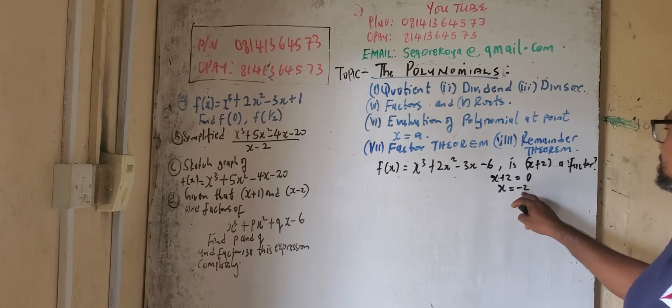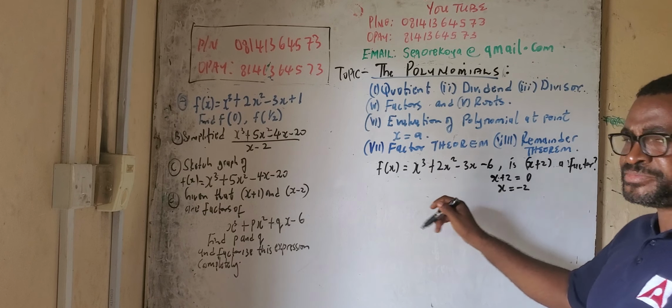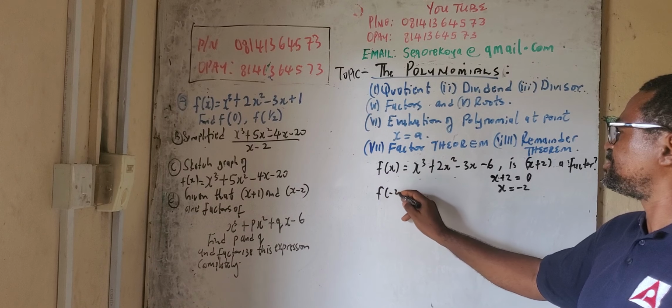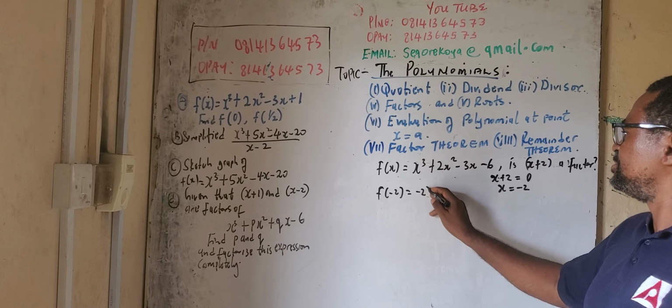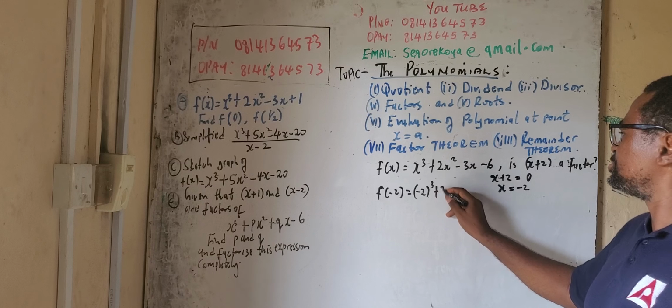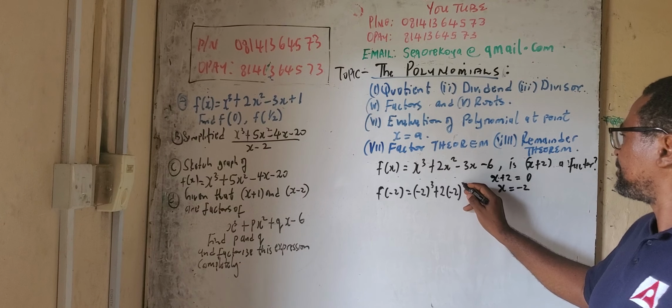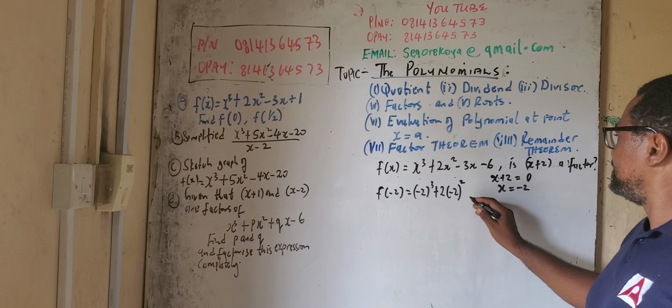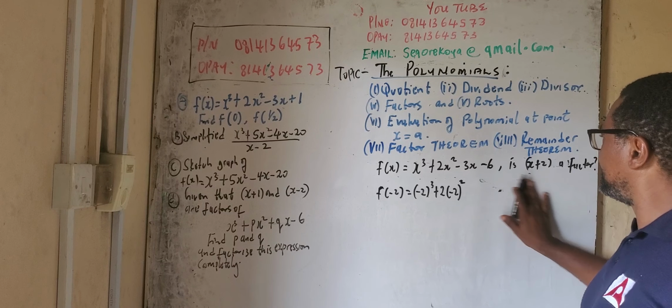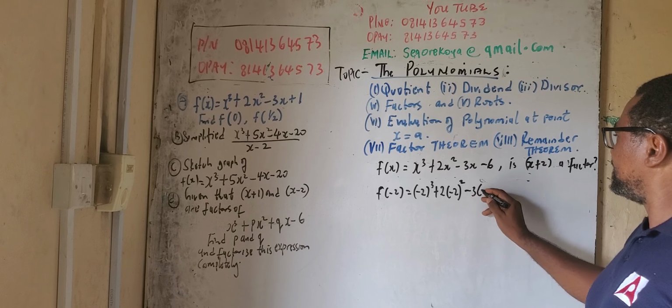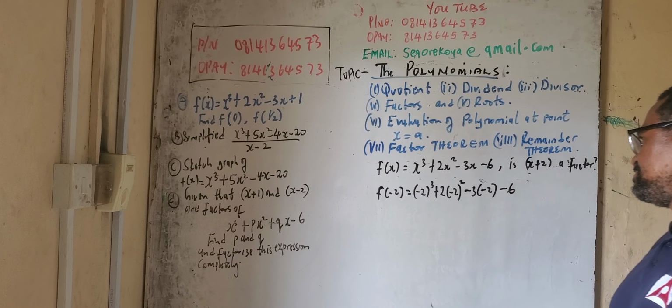So we are going to put this minus 2 anywhere we see x there. So we have f of minus 2 is equal to minus 2 raised to power 3 plus 2 brackets minus 2 raised to power 2, then minus 3 brackets minus 2 minus 6.